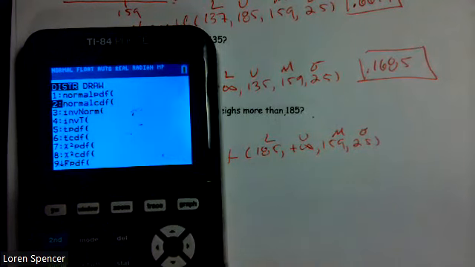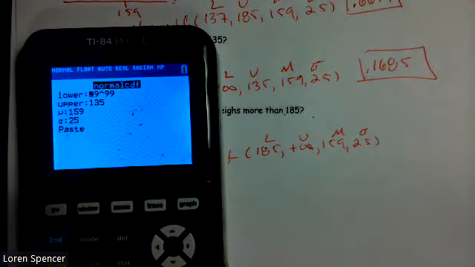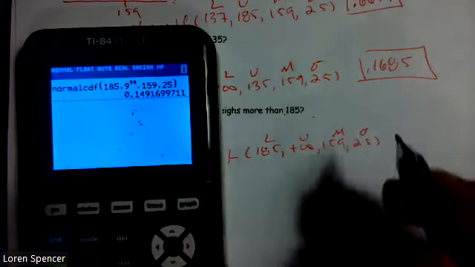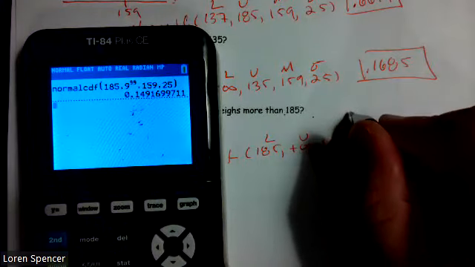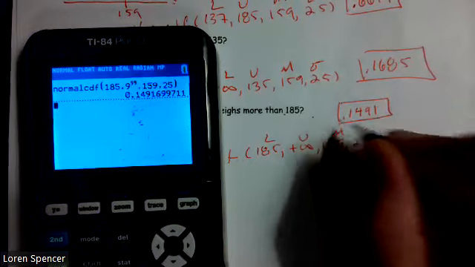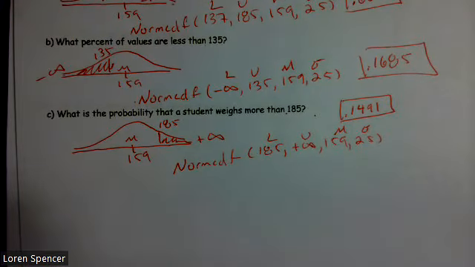Second vars, normal CDF, 185, 9. And we have that in, and we're going to go 4 decimal places, and that's 0.1491. Box our answers, and that's done.